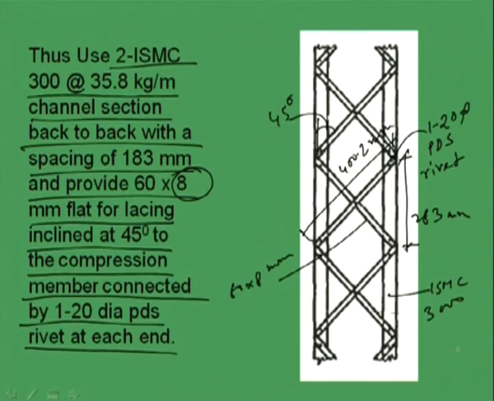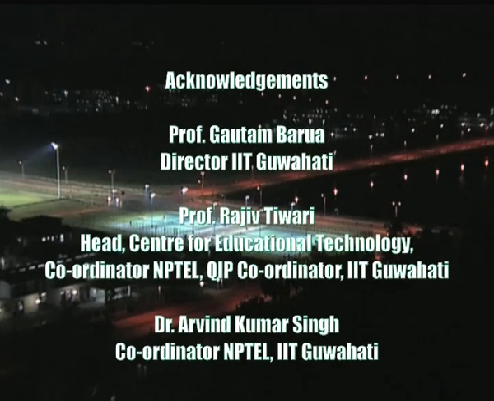In this way, if we repeat again and again, we will get an economic size, which is very important for designing an effective lacing system. So with this I would like to conclude today's lecture about the lacing, and in the next lecture we will start the battening system.